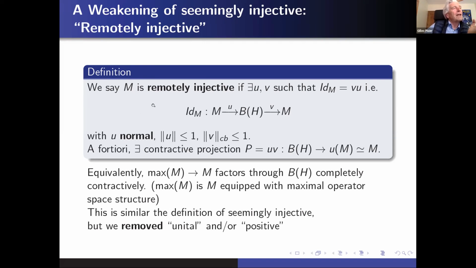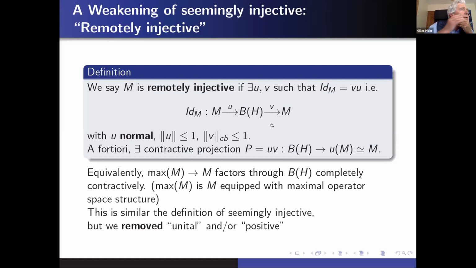Okay, so yesterday I came up with remotely injective, and I hope you'll be indulgent, because that doesn't seem too bad. So M is remotely injective if it satisfies the same as seemingly injective, except that you drop positive. So you have a factorization of the identity through B of H with the map U, which is normal, contractive, and V can be contractive.